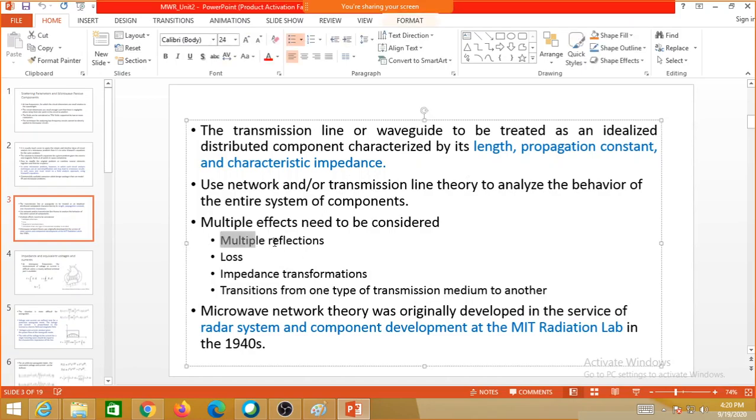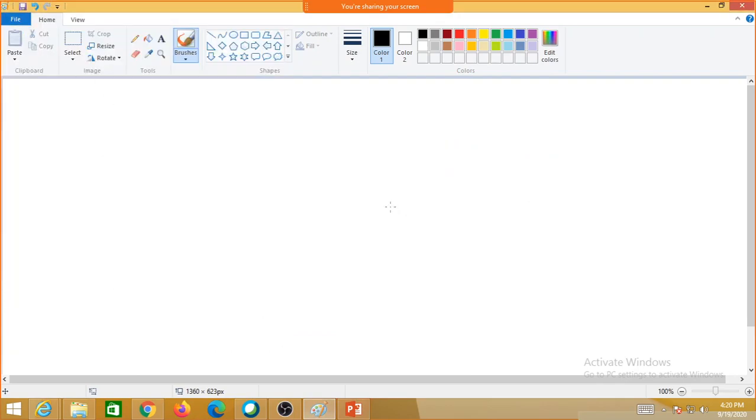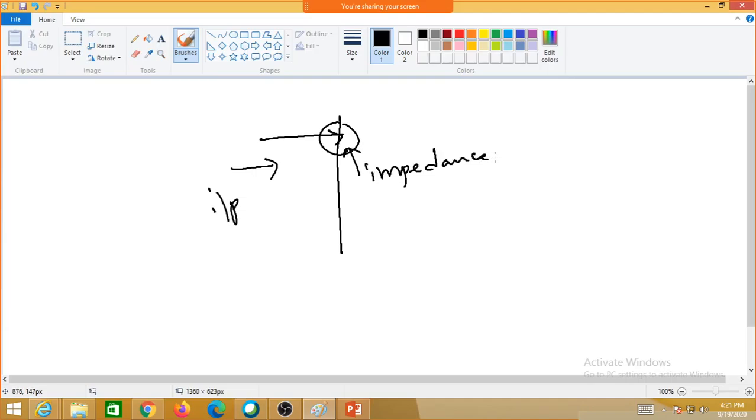Okay, now what effects need to be considered while applying these theories? First we need to consider multiple reflections. What is meant by multiple reflections? Suppose you have a line and you apply the input voltage. The wave traveling here, where there is an impedance mismatch, will have some part of the wave reflected back and part of the wave transmitted.